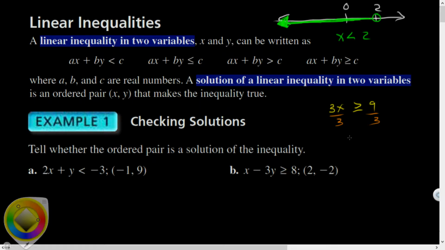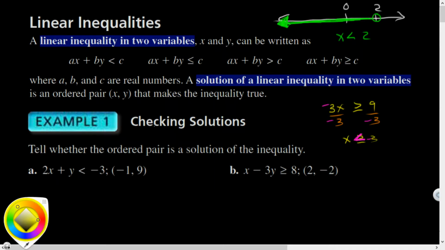My answer would have been x is greater than or equal to 3. But when did I have to flip it? Do you remember? Yeah, if I multiplied or divided by a negative, then it actually would have flipped the inequality. All right? So multiply or divide by a negative, you have to remember to flip that sign. I'm just trying to piece back some of our older concepts so we know how to do it.